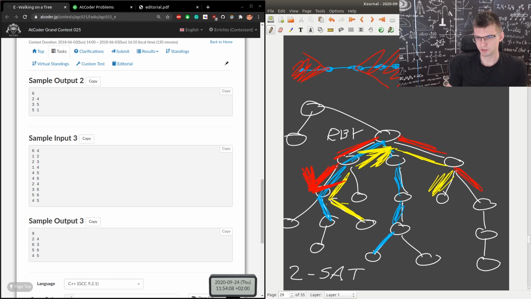Now if yellow and blue, for example, they meet here, they don't, but if they did, it would mean that blue must go down. And then it means that any extra path here, wait, blue goes so up here, any extra path here, it goes down.